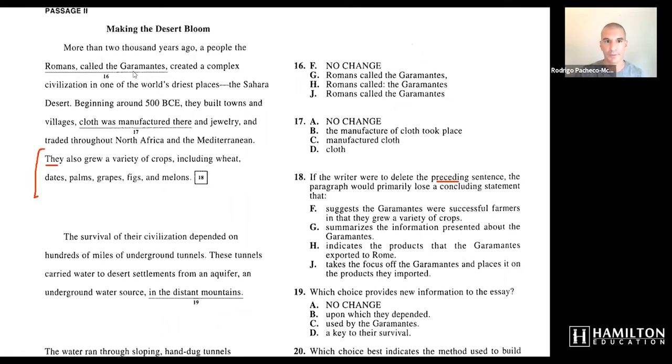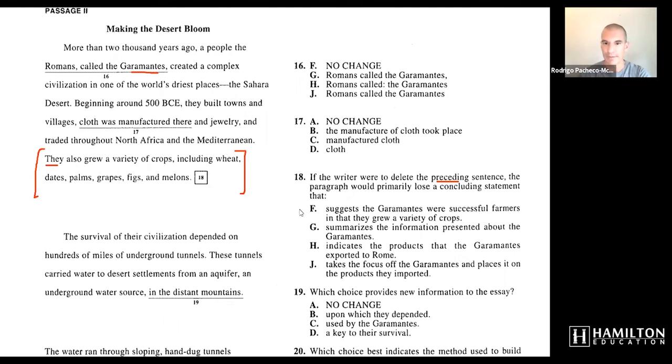They, here referring to the Garamantes, they also grew a variety of crops, including wheat, dates, palms, grapes, figs, and melons. So if we think about what this sentence is doing, it's adding information. It's giving us information about the kinds of crops that the Garamantes grew.